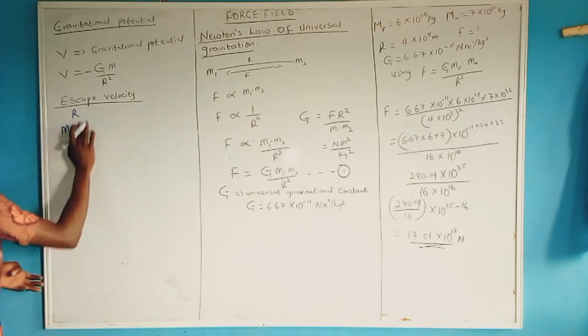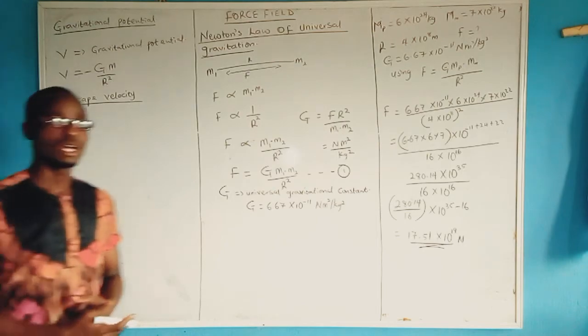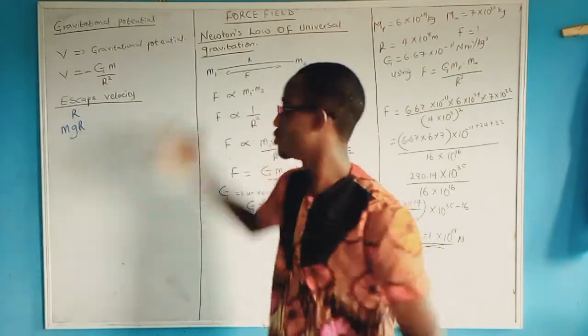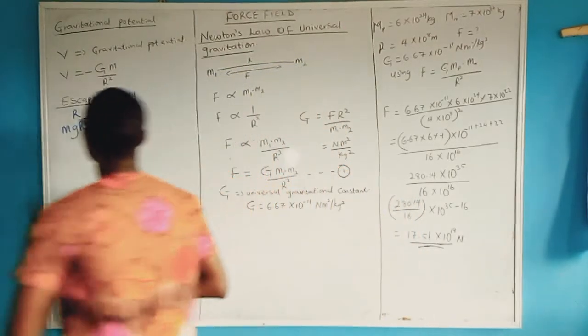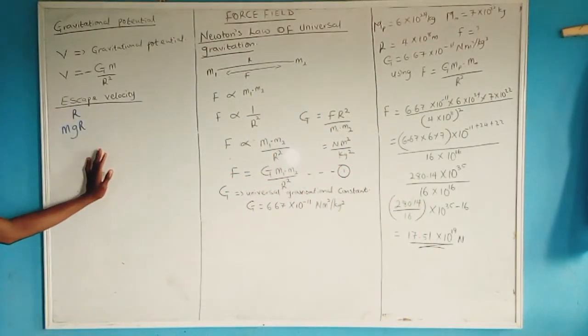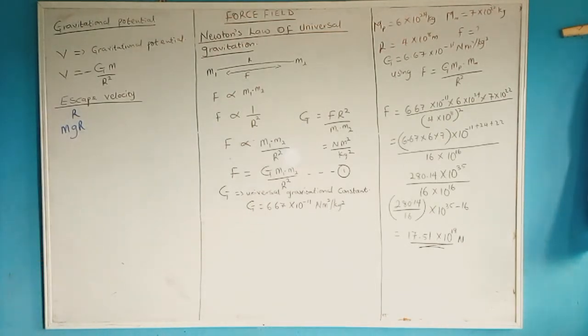So I'm making use of r in place of h here because I have a reason. We have been using r for our distance. So now, mgr. This is also the work done by the body.